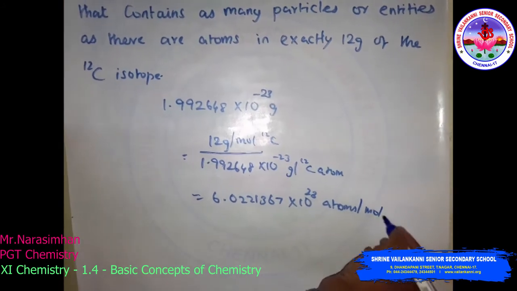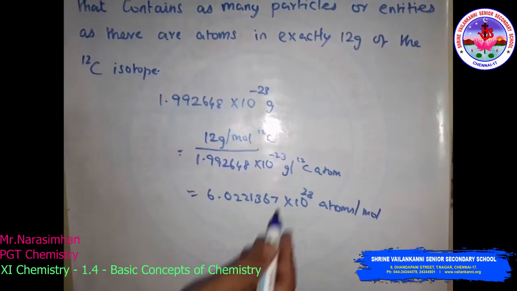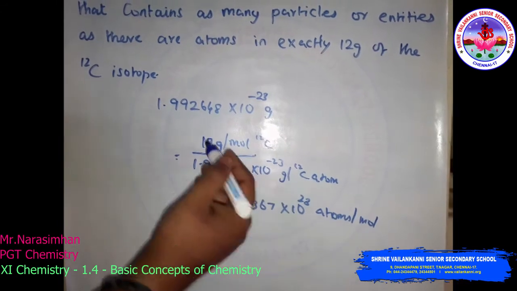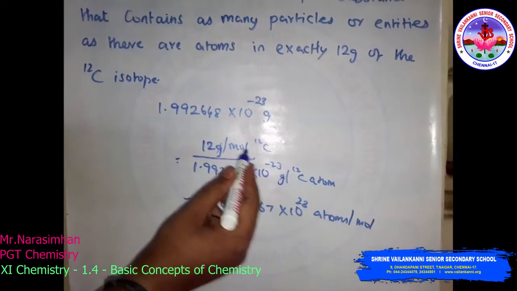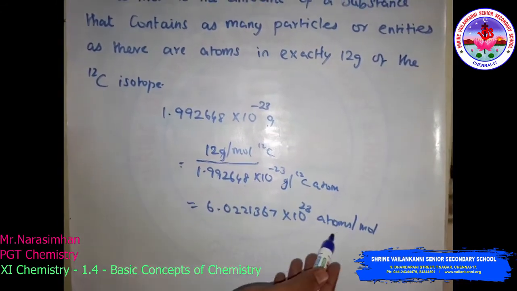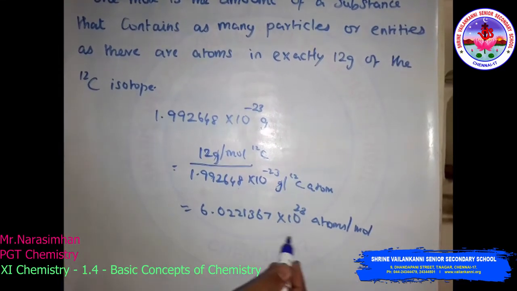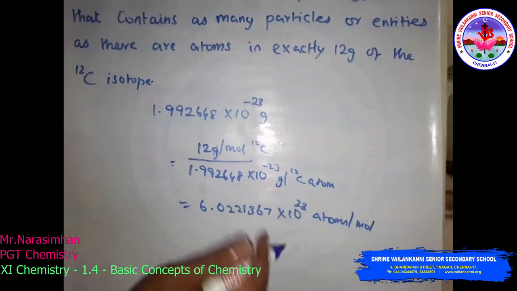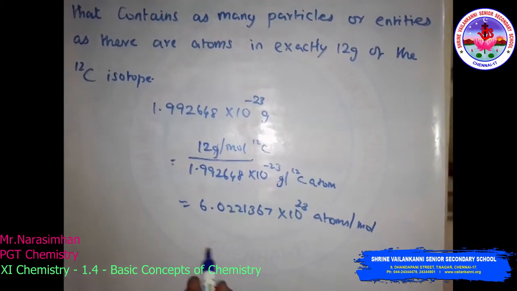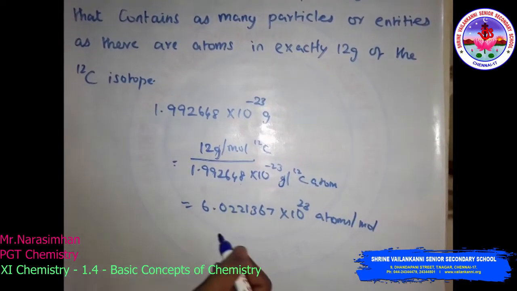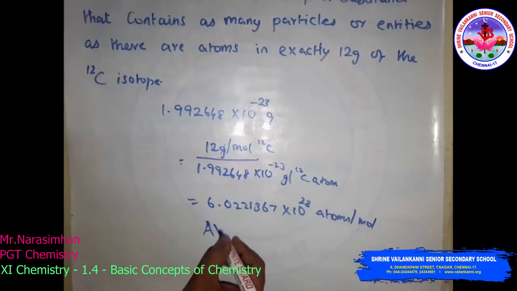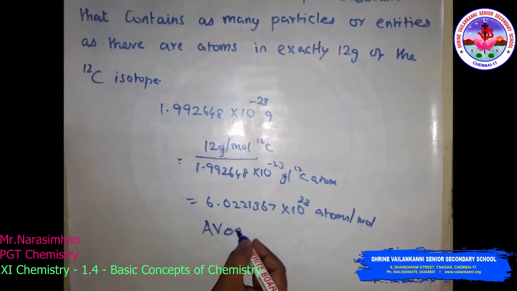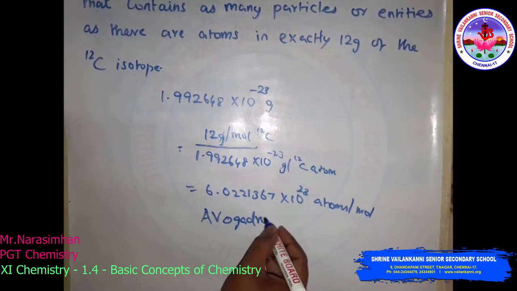The grams cancel, leaving just atoms and per mole. This number, the number of entities in 1 mole, is called the Avogadro number.